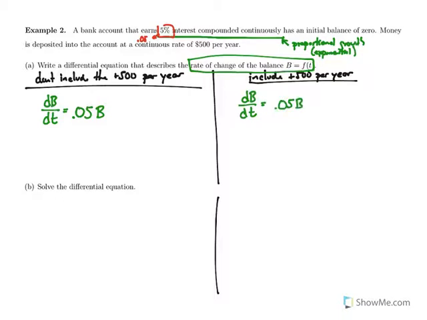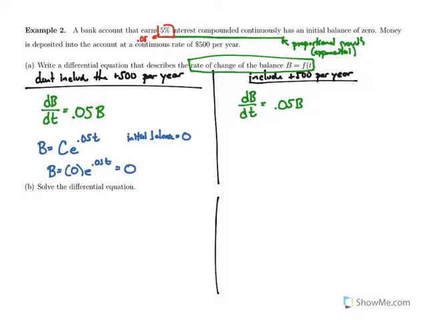If that's all we have, dB/dt equals 0.05B, then our solution would be B equals a constant c times e to the 0.05t. Since the initial balance is 0, we can solve for c using that information. This gives us B equals 0 times e to the 0.05t, which is just 0.